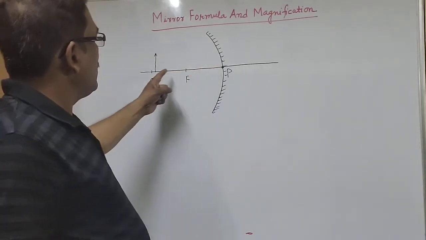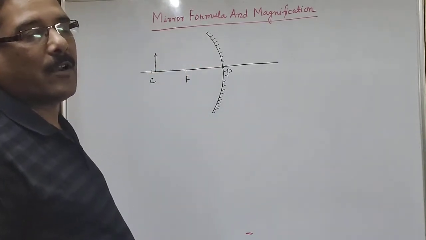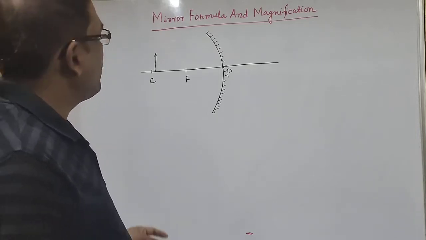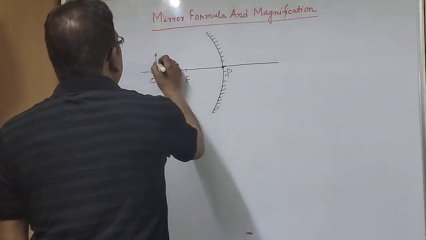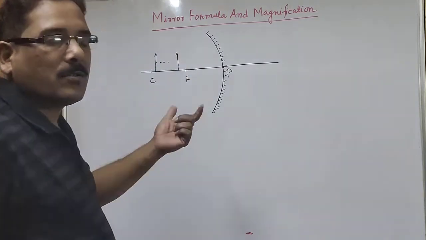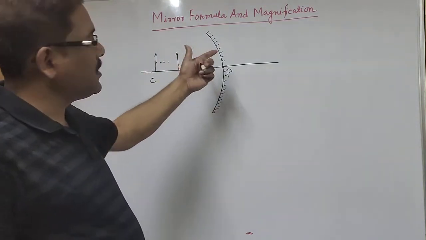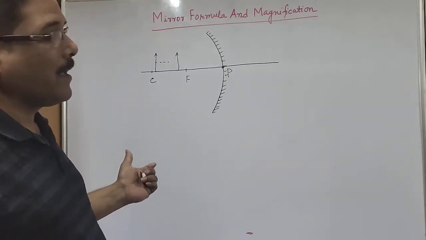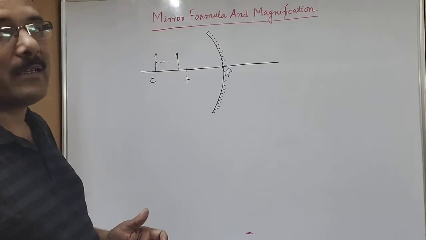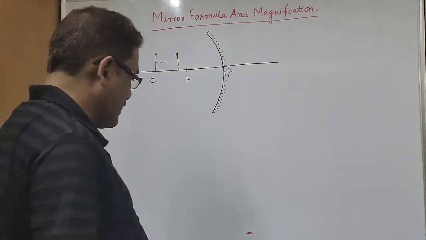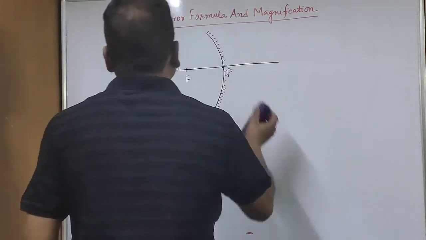You can consider the case when object is between C and F. But if I place this object somewhere here, then also you can locate the image at this distance. But to find out the exact position of the image, we have to use this mirror formula.